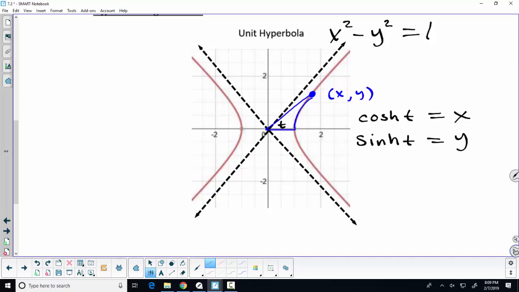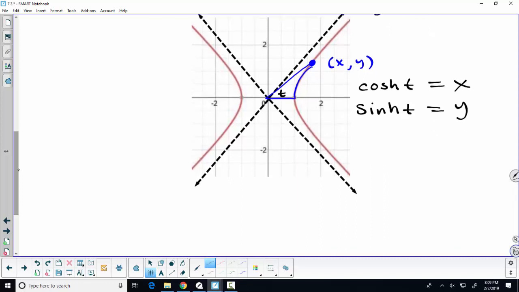So the fundamental identity that relates these two is based off of the equation for the unit hyperbola. Cosh is x, sinh is y. So our identity, we wouldn't call it Pythagorean, but cosh squared minus sinh squared is equal to 1.